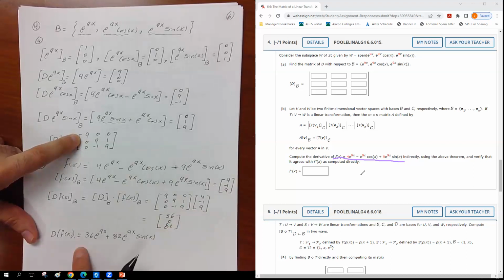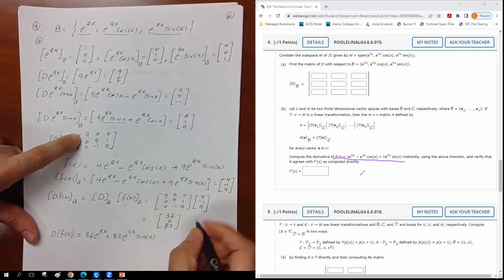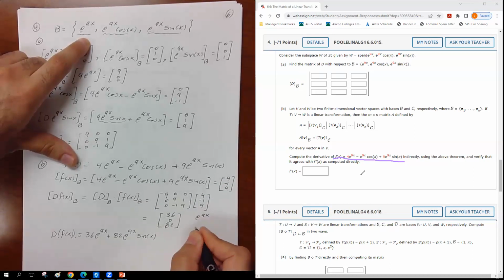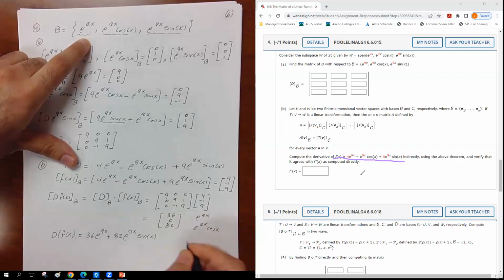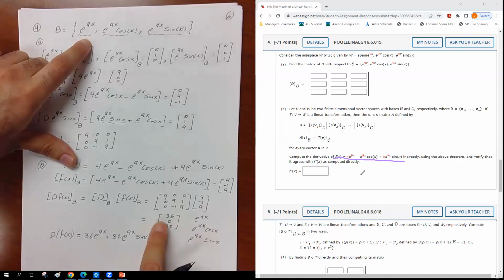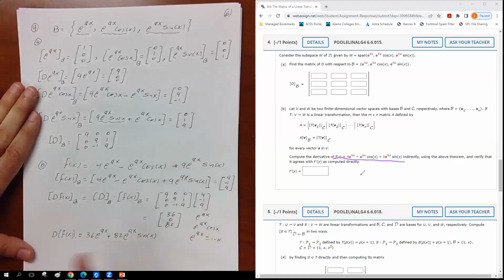Now to write it down as a function, because we already know our first is e 9x, the second one is e 9x cosine, and the third one is e 9x sine. That means 36e 9x. The second one is going to be 0, so I don't have to write down the second term. The third one is going to be 82e 9x sine x. So this is the indirect way.